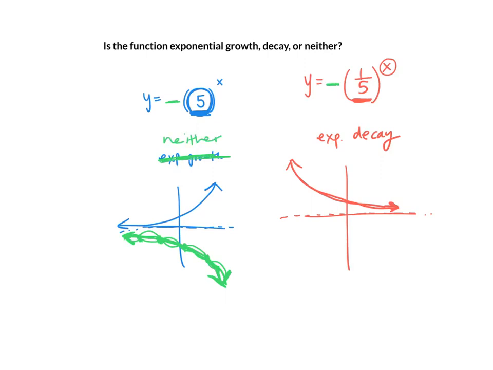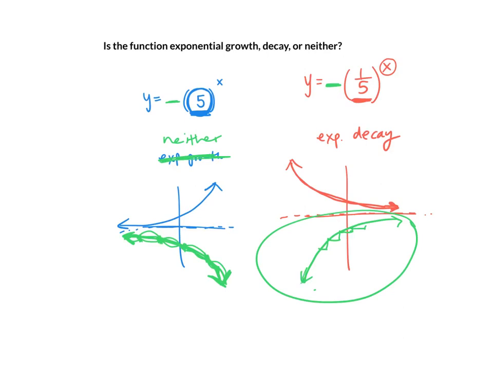Again, same thing here. If I have a negative out front here, then it's going to be a reflection over the x-axis. And this is no longer an exponential relationship. It's a reflection of an exponential decay, but it's not exponential. Because as I move 1 unit to the right, I'm not growing at a constant rate or a constant percent rate, like tripling every time or halving every time.